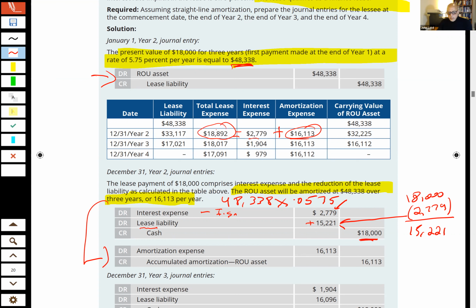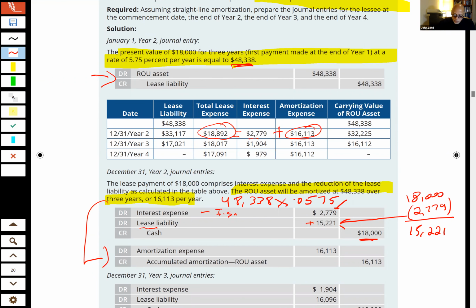So notice here it's different than it just being the cash that went out. The lease expense is the sum of your interest expense as you amortize the liability and your amortization expense. They don't call it depreciation expense, but it's essentially depreciation as you're depreciating that right of use asset.